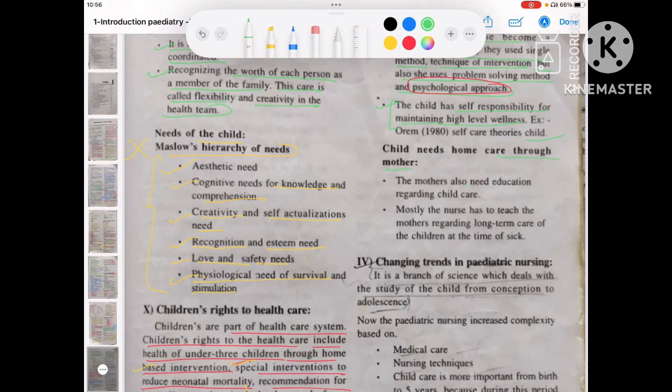The mother also needs education regarding child care, obviously. The nurse has to teach the mother about the long-term care of children at the time of sickness. So the mother needs more knowledge when the child is very sick or long-term sick, and needs information and education about how to take care of the children.